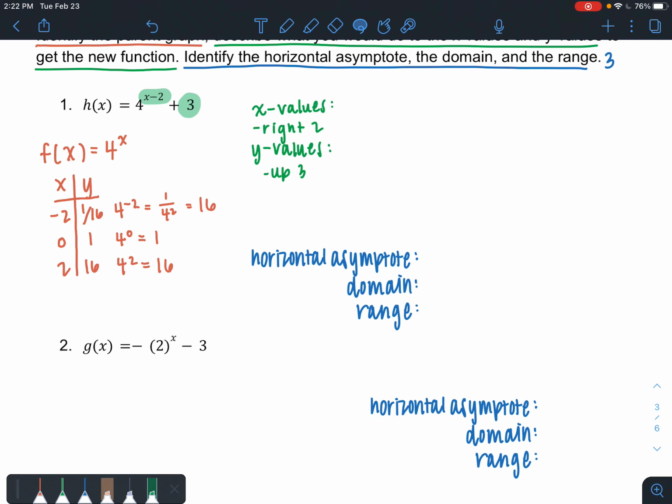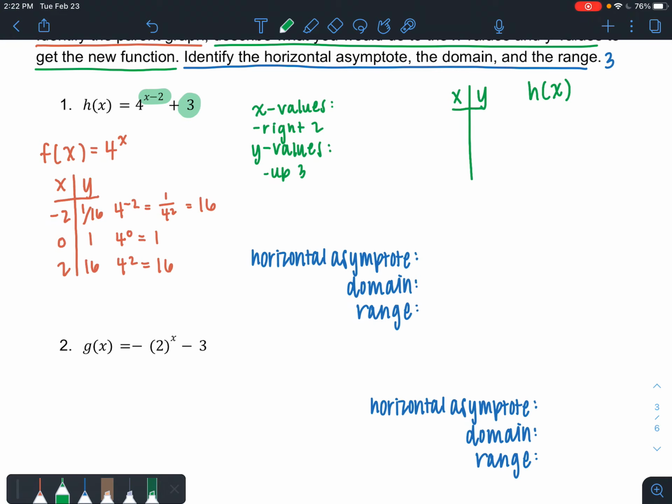Okay, so then I'm going to go ahead and make our new graph here. So this is going to be our x and y, and this is going to be our h of x function. But we don't really have to calculate it.